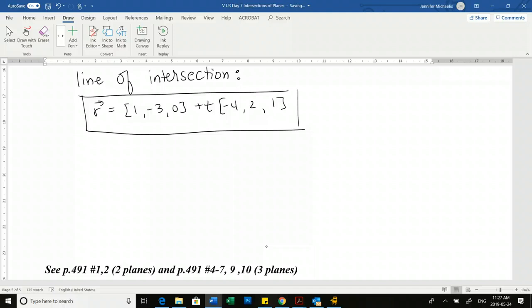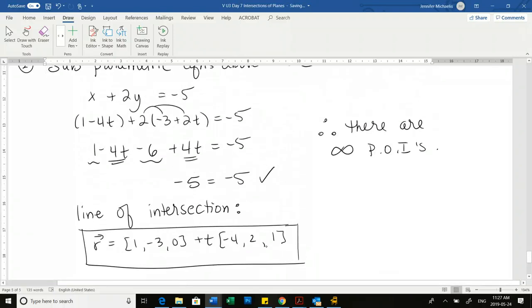And that's actually my line of intersection. So I may ask you about that. If you have a particular line of intersection, tell me what that line of intersection is. So essentially, this is very similar to what we did yesterday. When I do this same process for the same set of 3 planes, either I will get an always true statement like -5 equals -5, that tells me infinite.